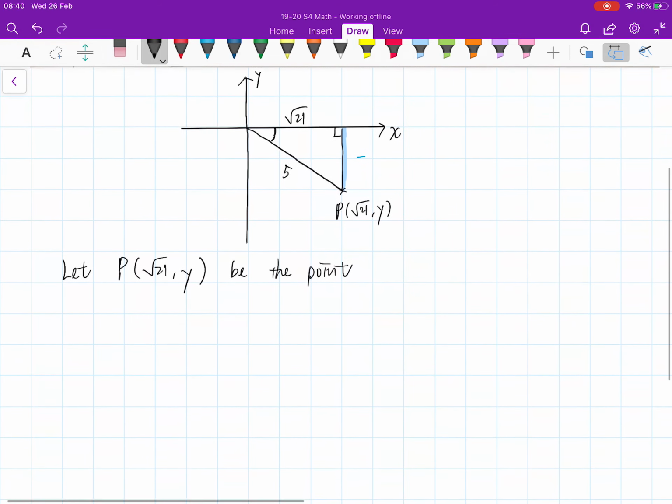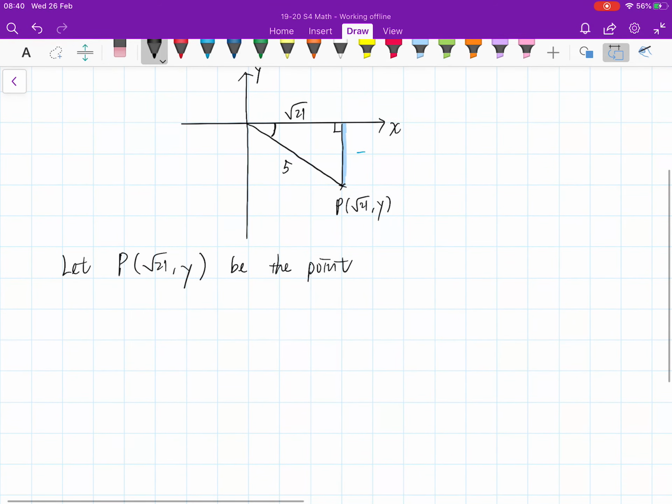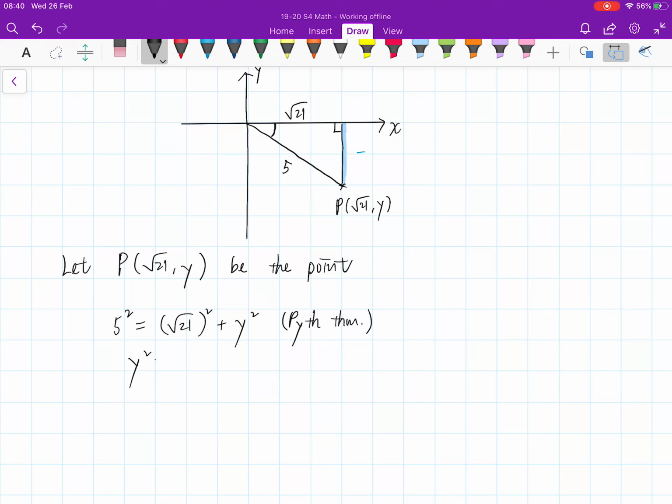In order to calculate the y coordinate, we have to use the Pythagoras theorem. So 5 squared equals square root of 21 squared plus y squared. Finally we know that y squared equals 4.